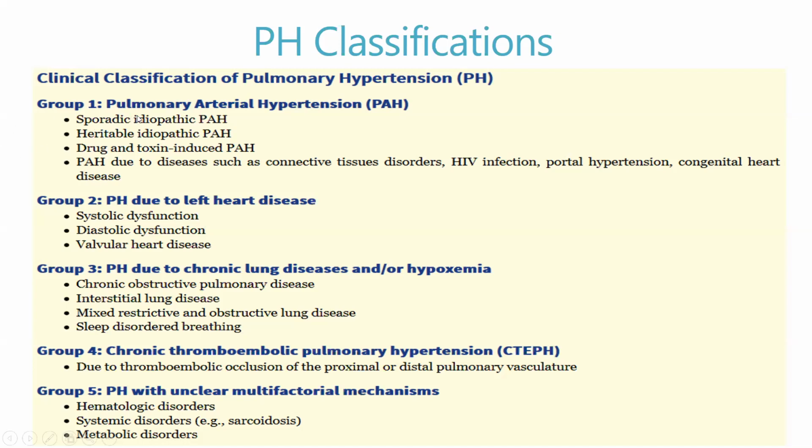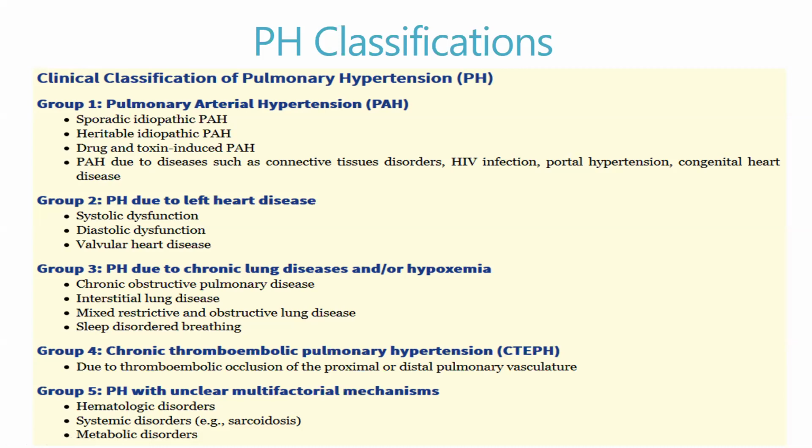Group 1, I'm going to read it to you right off the slide. Your notes are right here. Group 1, pulmonary artery hypertension. When the pulmonary artery is hypertensive, it causes sporadic idiopathic pulmonary artery hypertension. These folks have inherited idiopathic pulmonary hypertension.